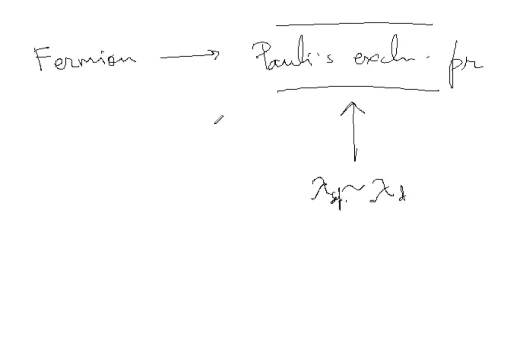So, as I was saying, for high densities, let me call it PEP. So IGL is for ideal gas law and PEP is Pauli's exclusion principle.